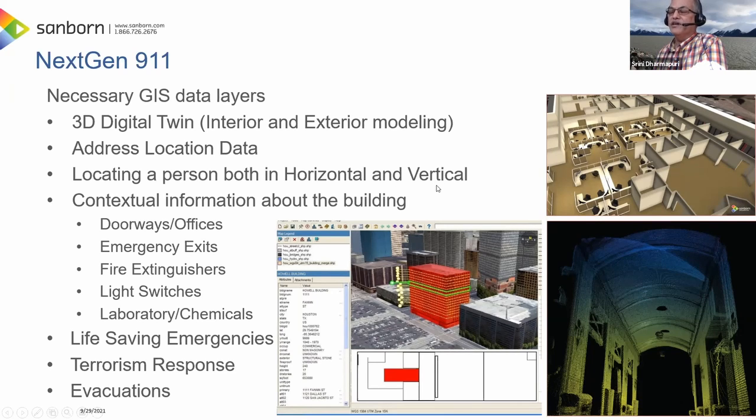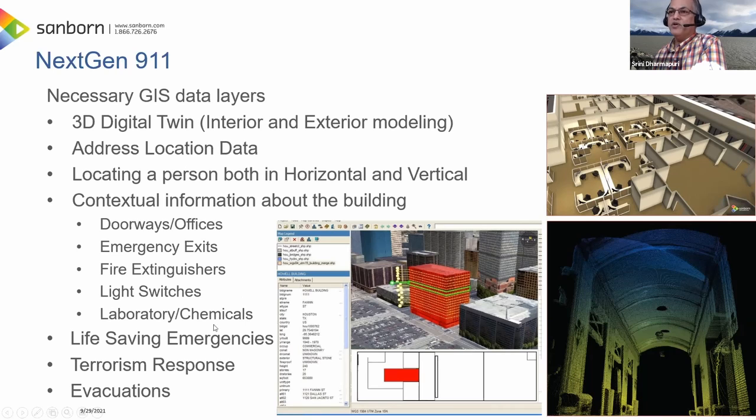If there is a building with multiple floors, and each floor has multiple rooms, and a phone call comes from a particular person in a particular room, if you know the XYZ values, you can straight away attach it to that room in that building. That way the next gen 911 process will be more efficient and faster. Definitely the digital twin has an important role to play in next gen 911.